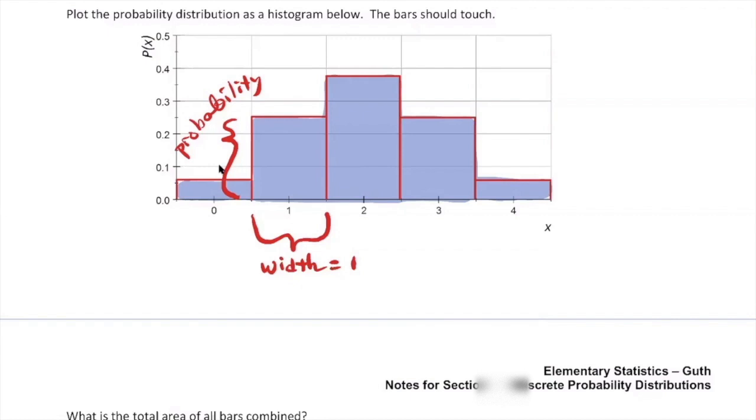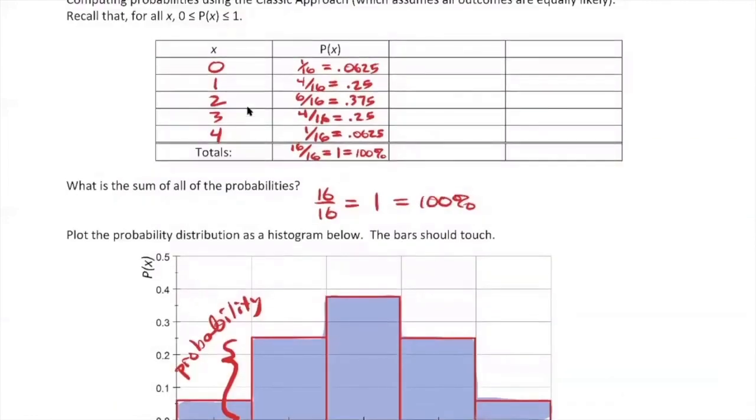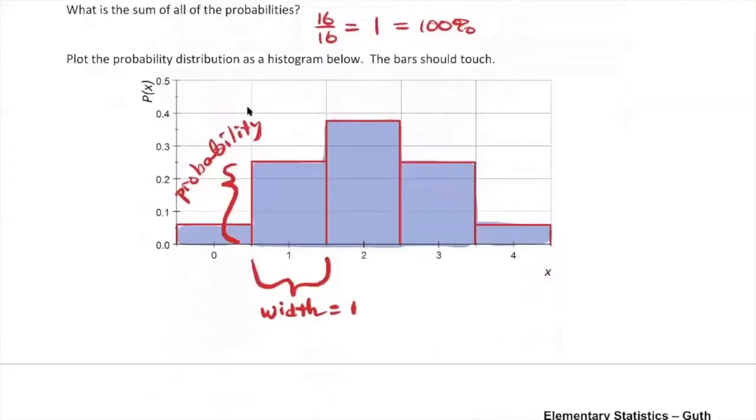So for 1 head, the probability is, what do we say up here? For 1 head, it's 0.25, but that's also the area of the bar. The area here is 0.25. The area is the probability.